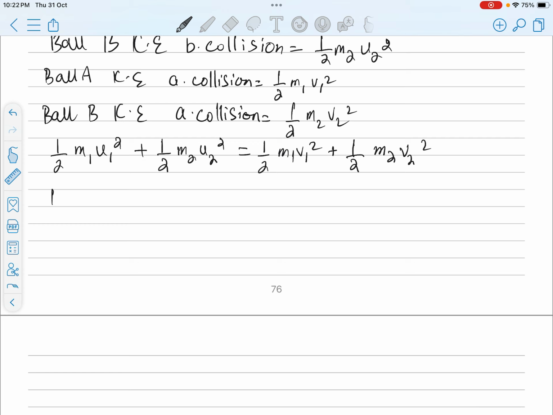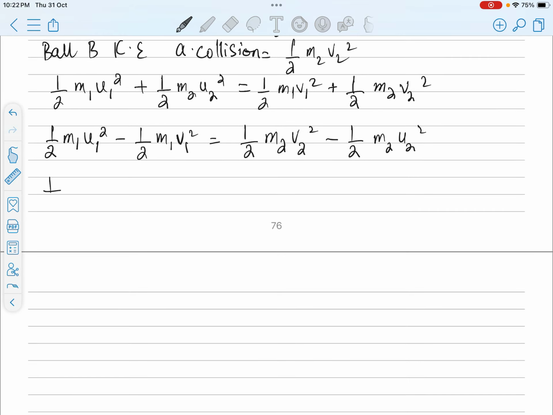For example, half m1 u1 square minus half m1 v1 square. This is the kinetic energy before and after collision of ball with mass m1, equals half m2 v2 square minus half m2 u2 square. So this is the kinetic energy of ball m2 before and after collision.